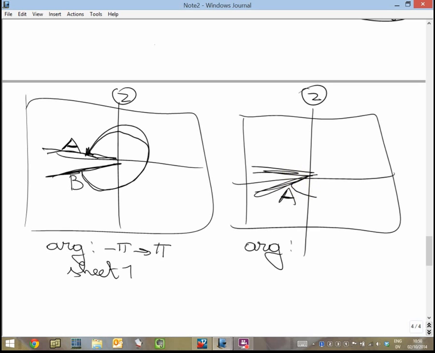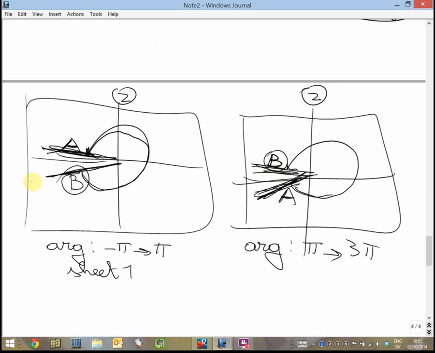And then you can still increase the argument running from pi to 3 pi, for example, like this, and then you end up back at something which matches the B again from the first Riemann sheet. So if you want to construct your own Riemann surface, you take two pieces of paper, you cut these lines, and then you find some way by going through hyperspace to join them in such a way that this A line here gets glued to that A line here, and then B gets glued to that B here. And then you have again your full Riemann surface made up out of two different Riemann sheets.